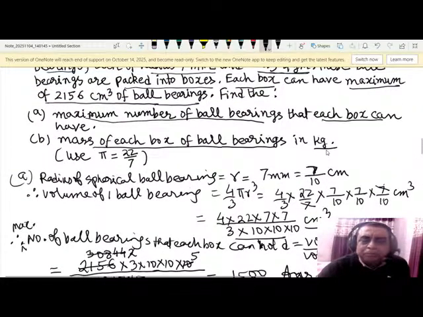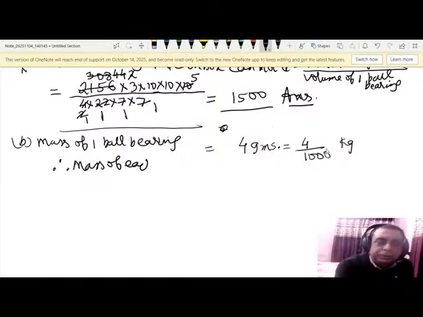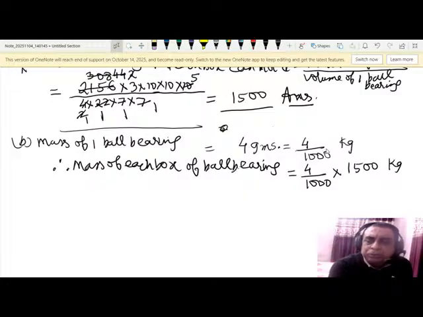The mass of each box of ball bearings. It is the mass of one ball bearing multiplied with the number of ball bearings which a box can hold. So the mass of one ball bearing is 4 divided by 1000, and 1500 ball bearings are held.